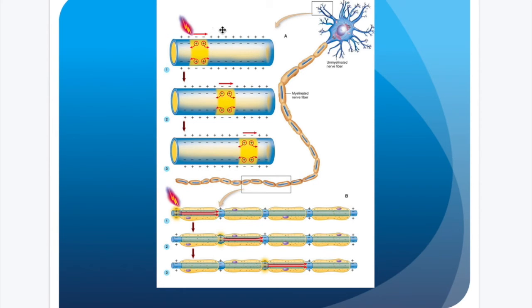The sodium channels continue to open. Sodium goes in, changes the charge on the inside to positive, and the outside becomes negative. Behind that, where the signal just came from, the sodium moves back out of the neuron, so the outside returns to being positive and the inside returns to being negative. That happens until you get to the very end of the axon.